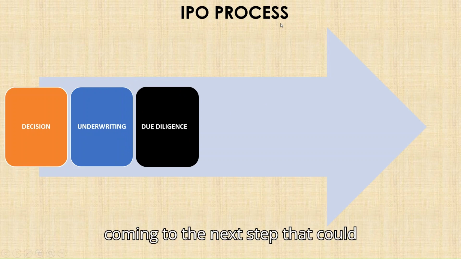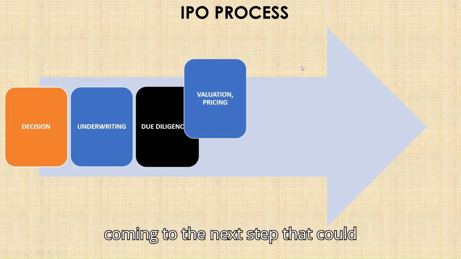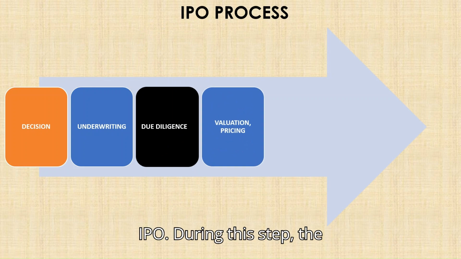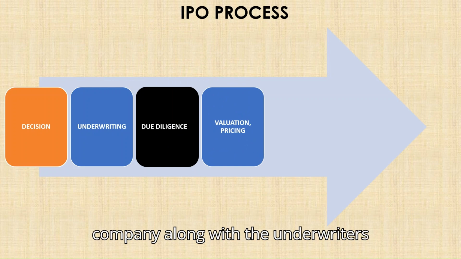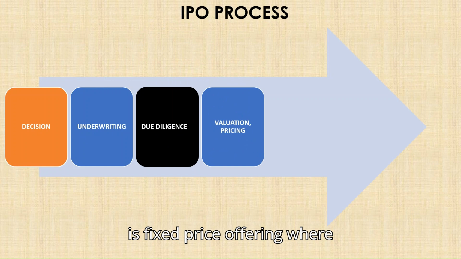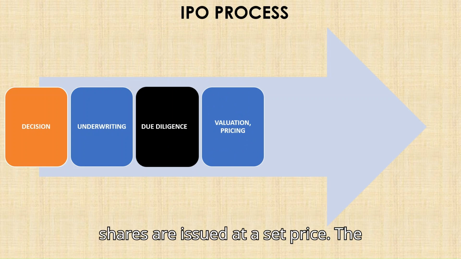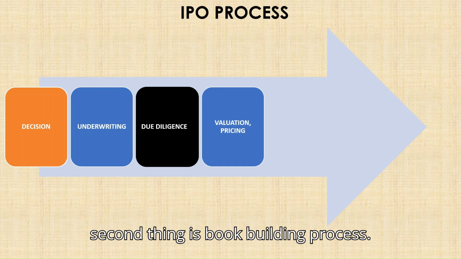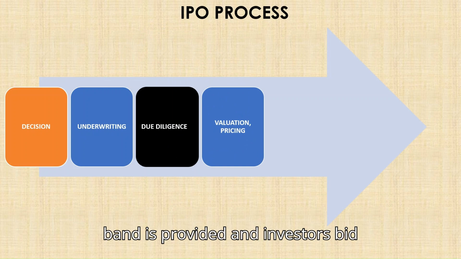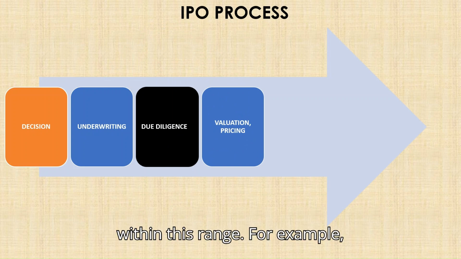And coming to the next step, that is valuation and pricing. Pricing the IPO: during this step, the company along with the underwriters decides on two things. One is fixed price offering, where shares are issued at a set price. The second is the book building process. This process involves a price band being provided, and investors bid within this range.